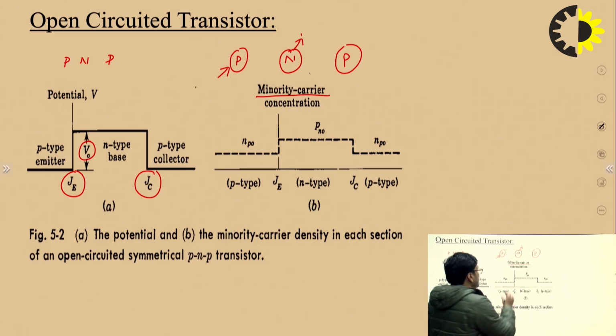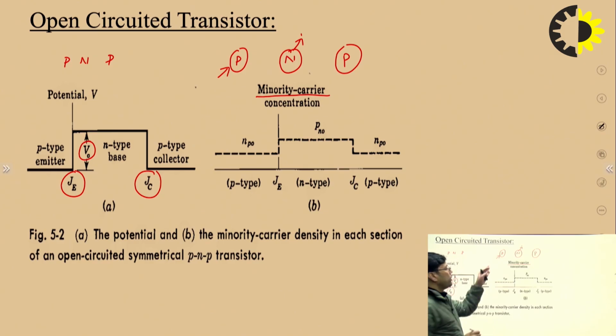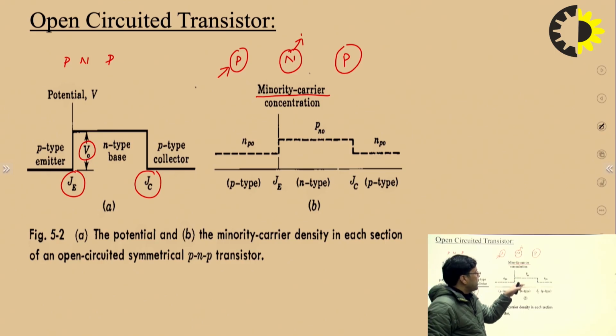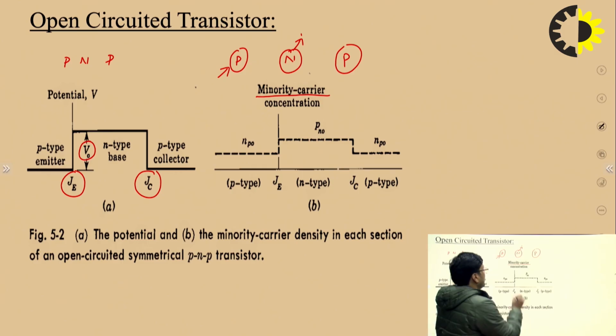Because the emitter and collector are heavily doped, the minority carrier concentration is low as compared to the base, because the base is lightly doped. So the base has more minority carrier concentration as compared to the emitter and collector. That's why this concentration is higher.